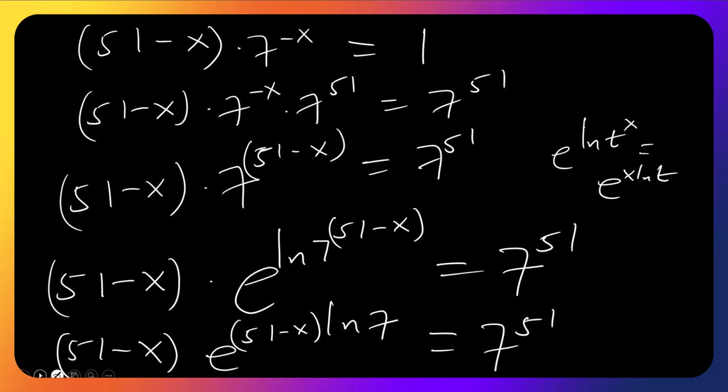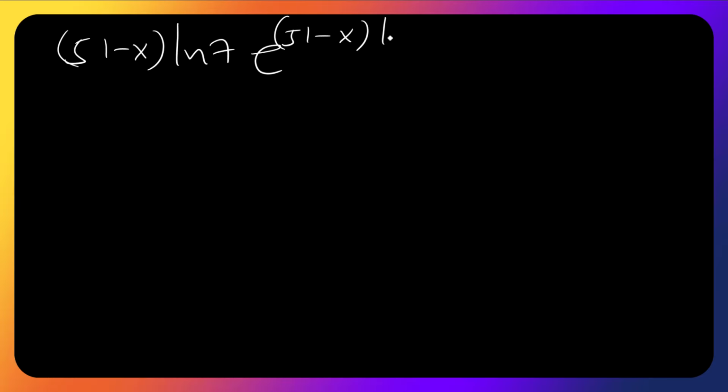So 51 minus x times ln of 7, then we have e raised to 51 minus x ln of 7 equals 7 to the power 51 times ln of 7.